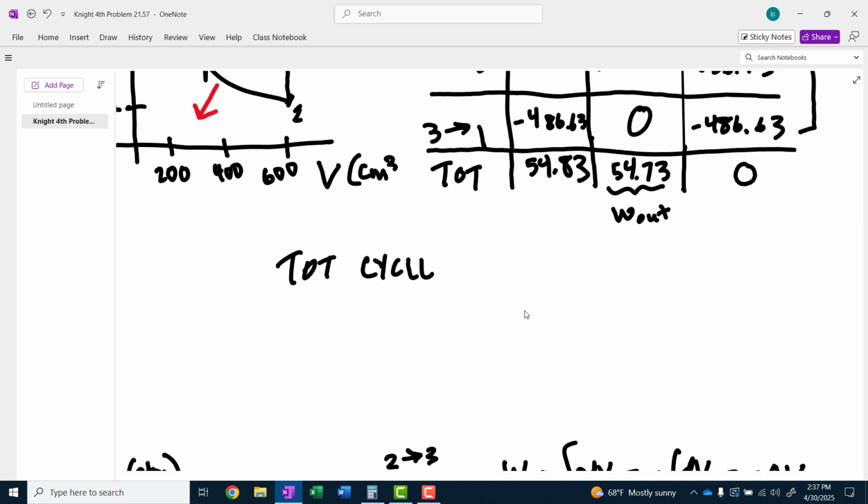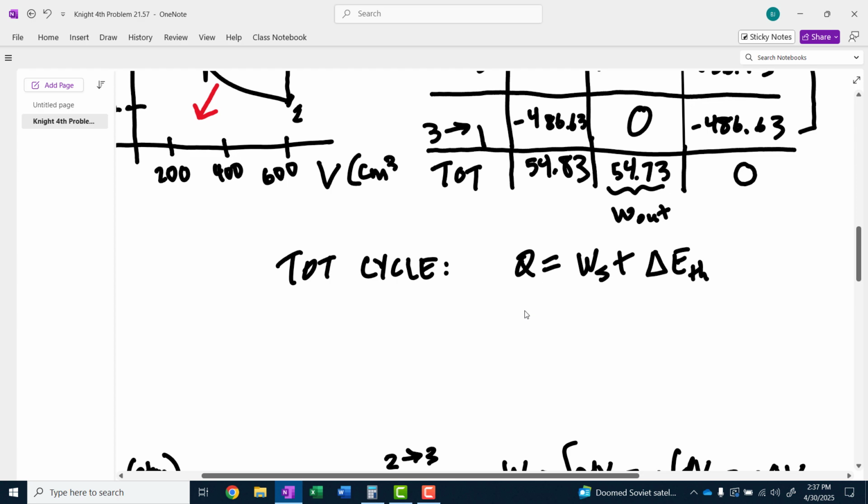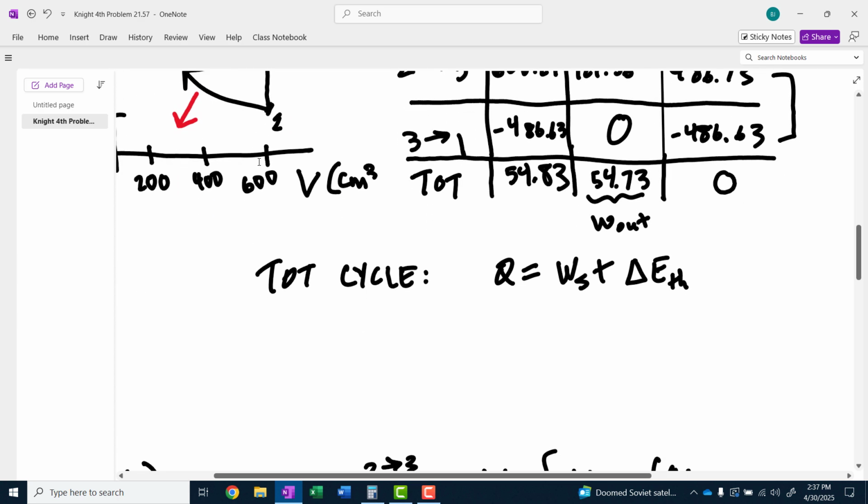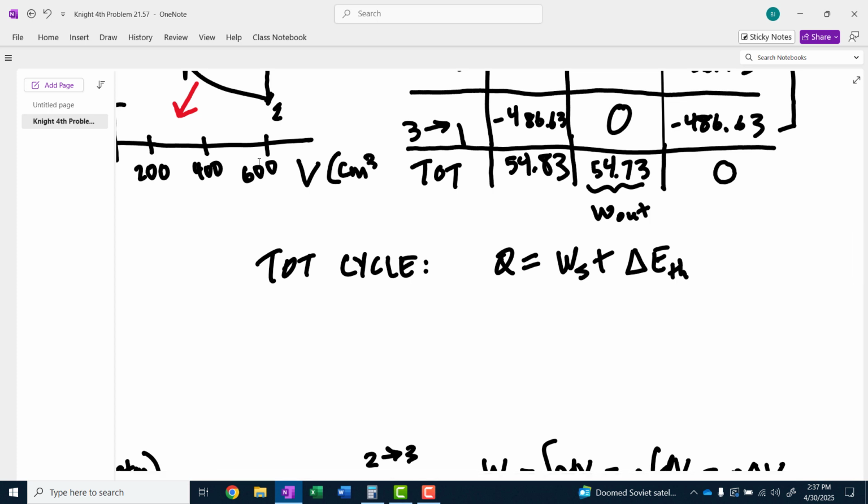you can also apply the first law. Remember, this is the first law written from the point of view of the gas, of the system. We applied the first law to each of these three processes individually, but you can also apply it to the entire cycle. And remember, for the whole cycle, the net change in thermal energy is 0.